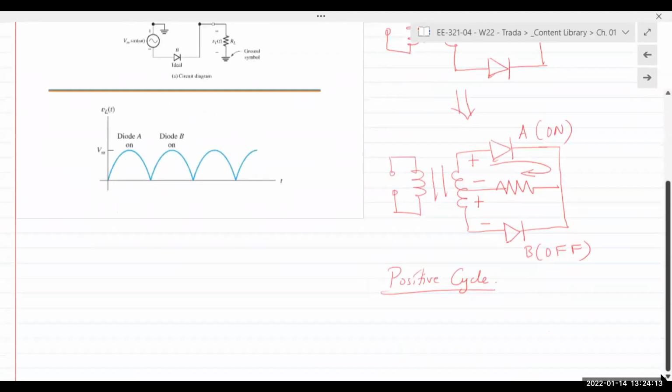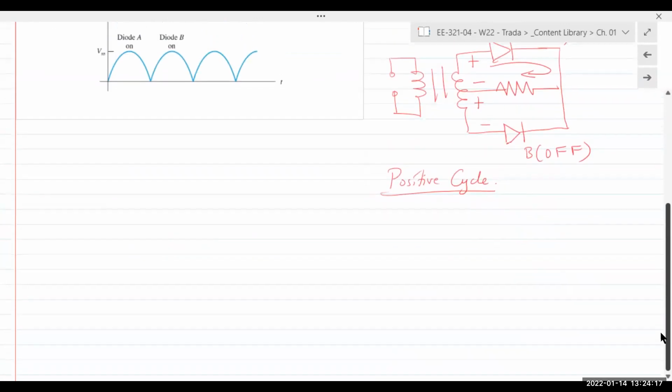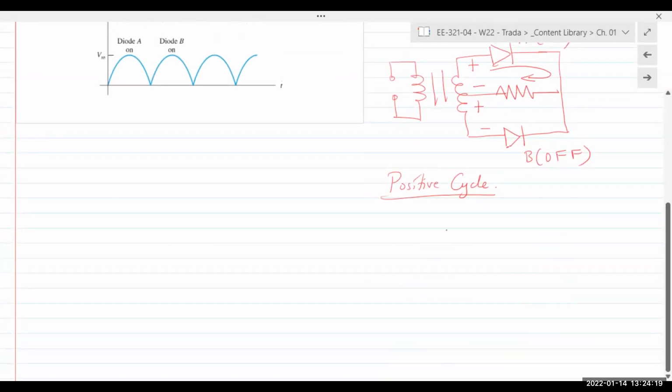All right, in the negative half cycle, the exact opposite happens. Voltage reverses polarity, and so now you have minus, plus, minus, plus. Diode A turns off and diode B turns on.